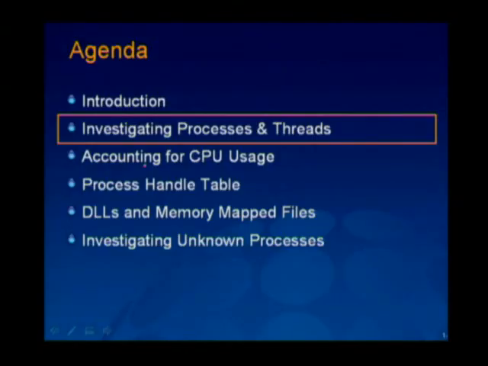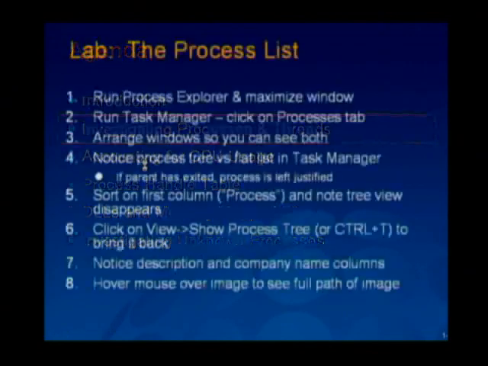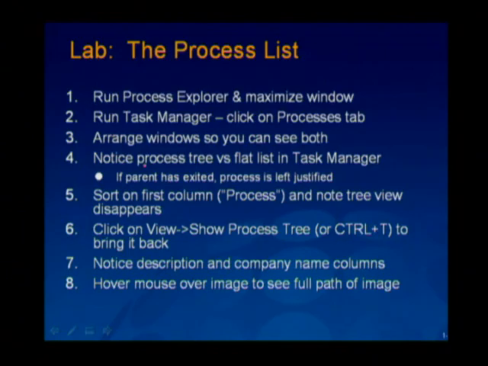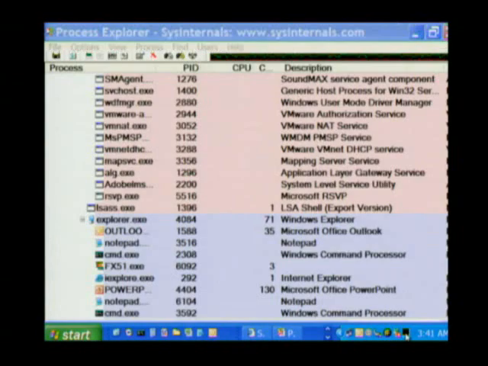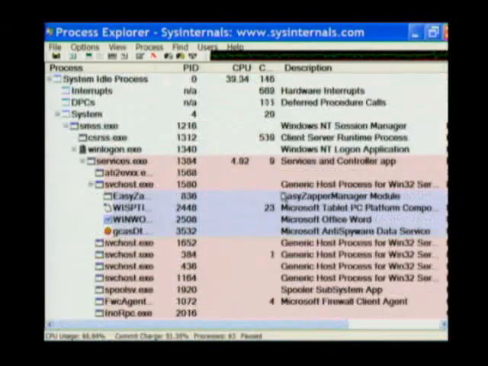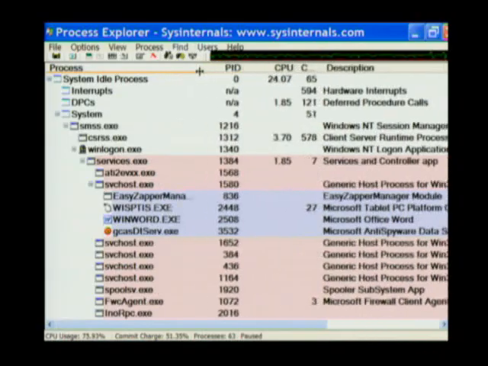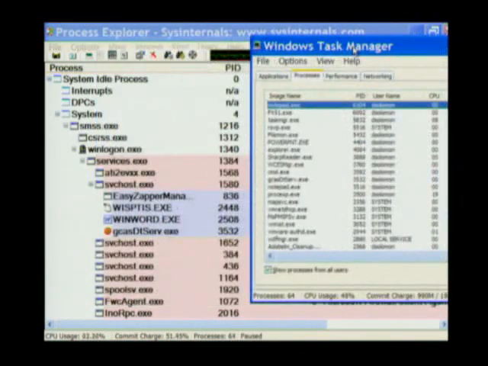Okay, let's use Process Explorer now to just start to drill into some of the process and thread details that we've alluded to. If I start Process Explorer, which I have running already, one of the things that is different about the way the process list is shown, just visually, is the tree structure, the hierarchical display, as opposed to the flat list that Task Manager shows.